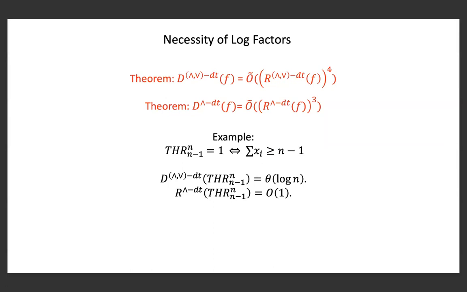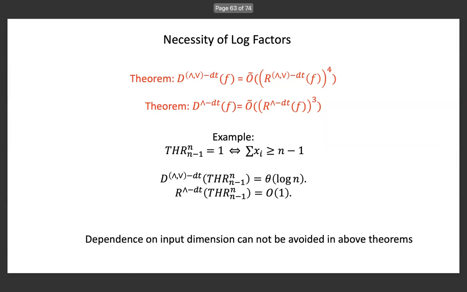And as it turns out, for these two theorems, some dependence on input must be there, because there is this counterexample based on the threshold function, for which the deterministic AND/OR depth complexity is theta log n, and the randomized AND decision tree complexity is just order 1. Okay. So some dependence on input will come in these theorems.